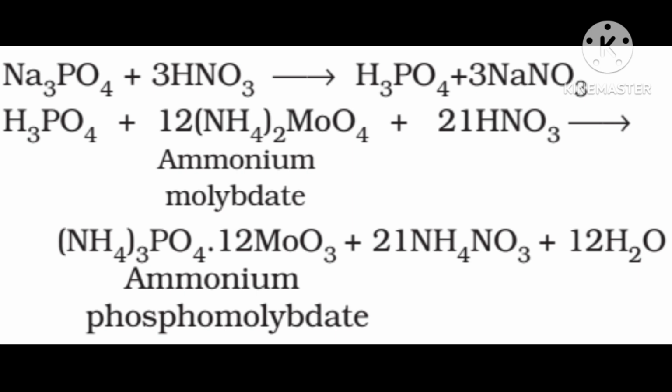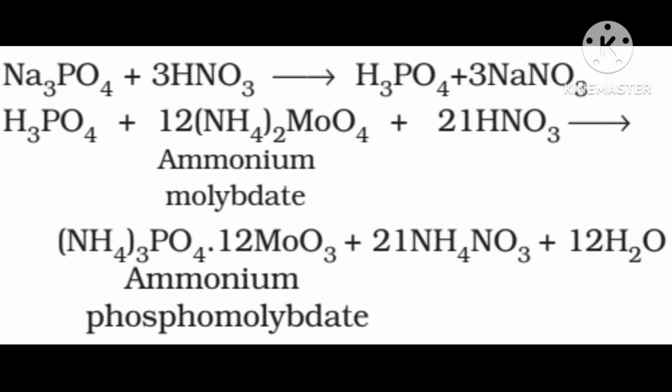Its formula is (NH4)3PO4, and in that 12 MoO3 is absorbed. Here there are two parts. Ammonium phospho is written (NH4)3PO4.